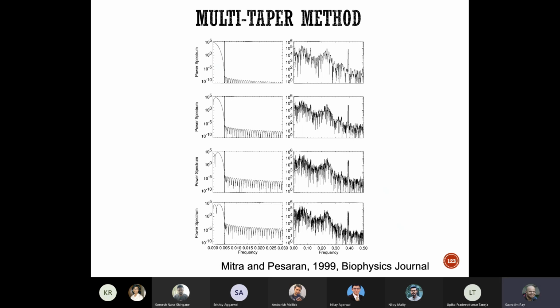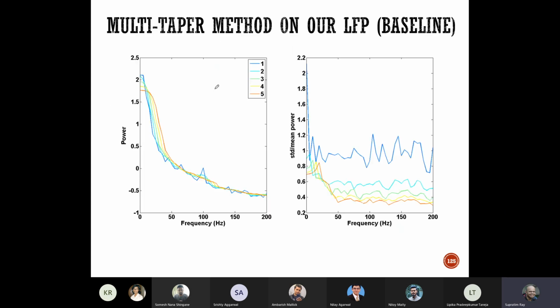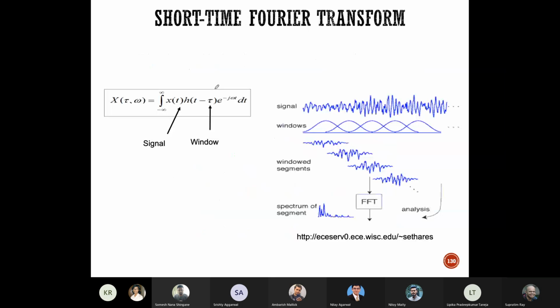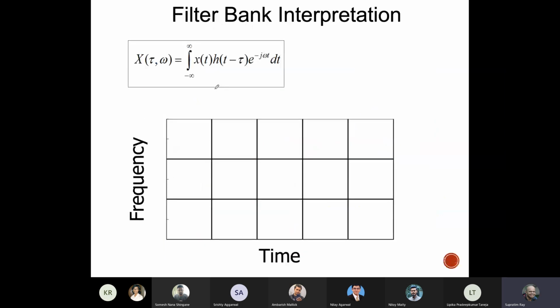Okay, so this filter bank interpretation also holds for windowed Fourier transform. In every case, you're actually just using a particular filter to compute how much of the signal resembles this particular filter.